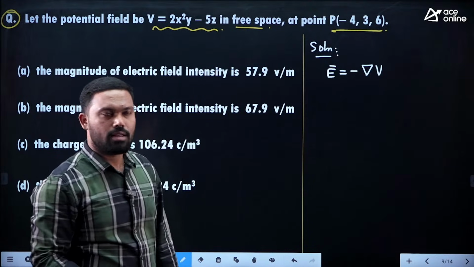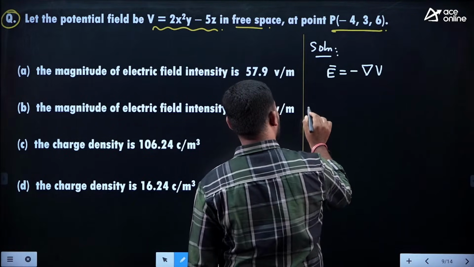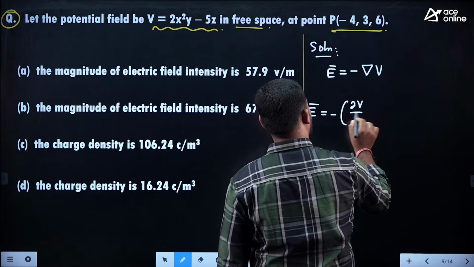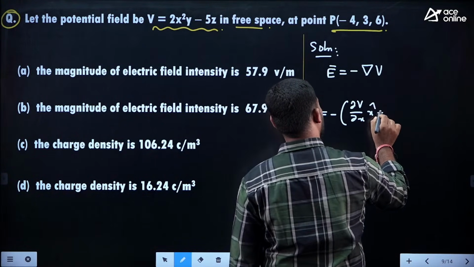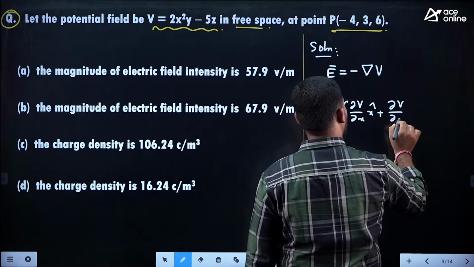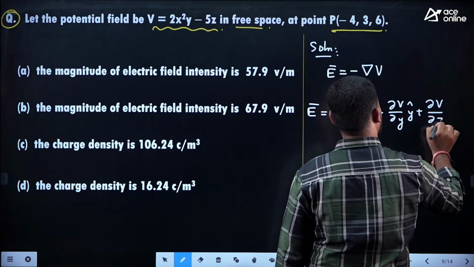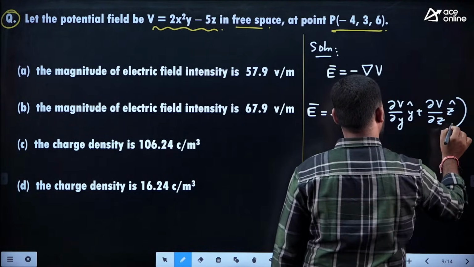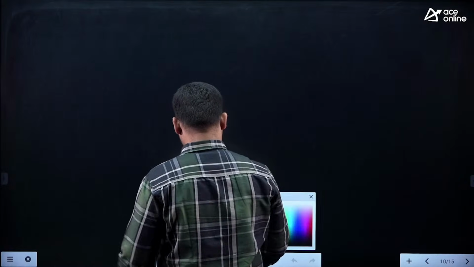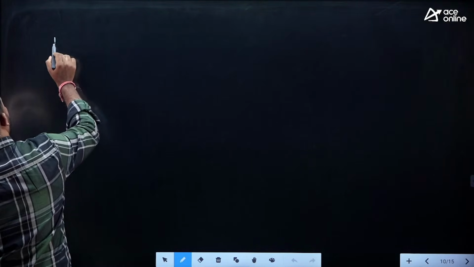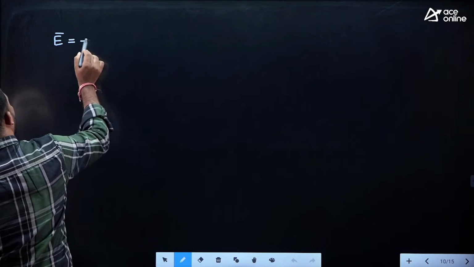This is a Cartesian coordinate system, so it is minus dou V by dou x, x cap, plus dou V by dou y, y cap, plus dou V by dou z, z cap. Let me write down directly the electric field.